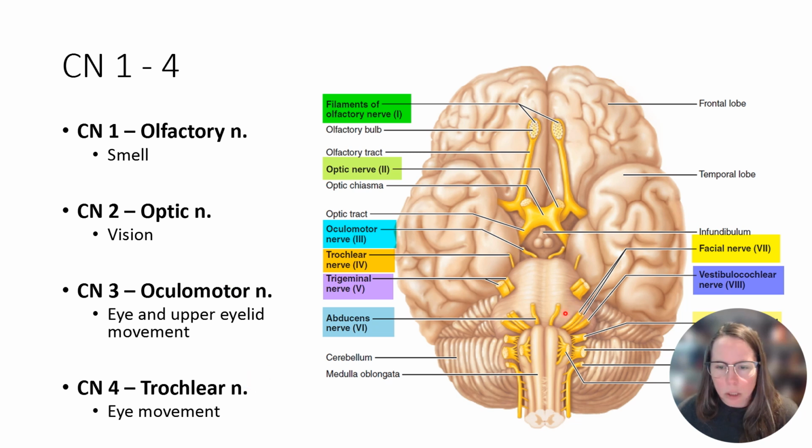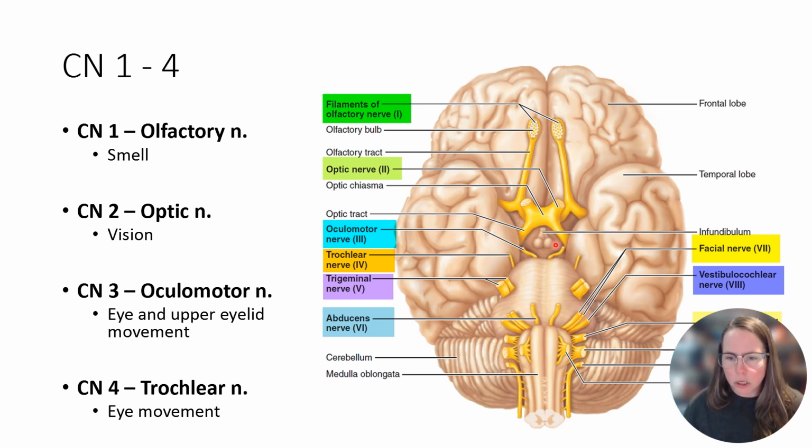These next 2 are 2 of 3 nerves that are responsible for moving your eyes. In lab, we go into a lot more detail about the specific muscles that are being moved. Right now, I'm not going into that because we haven't learned them yet, but we'll be able to integrate all that information later. So your number 3, oculomotor, this one is going to help move your eyeball, because it's going to control some of your extraocular muscles as well as your upper eyelid muscles.